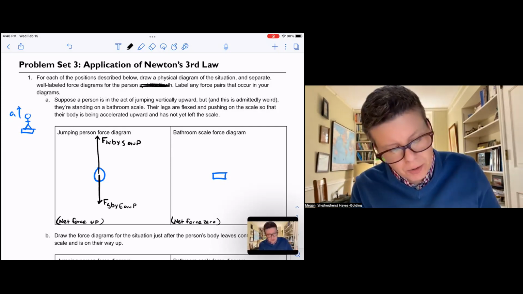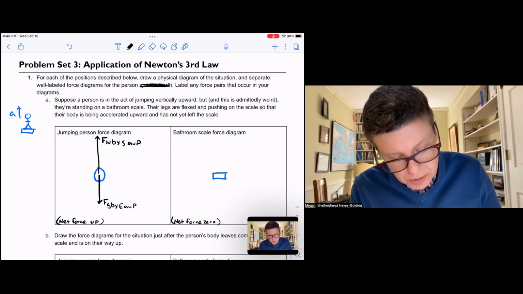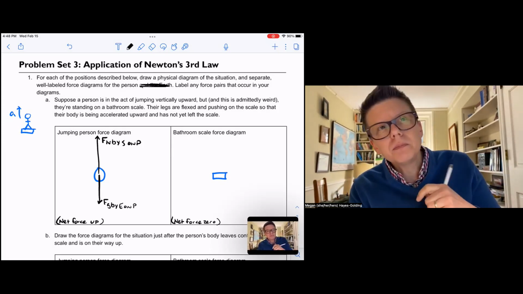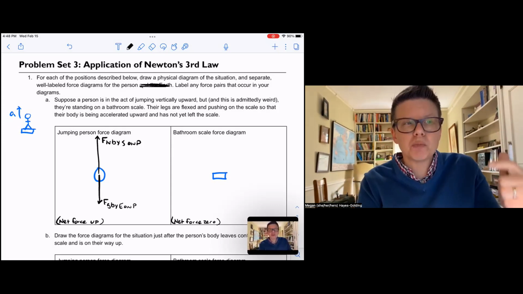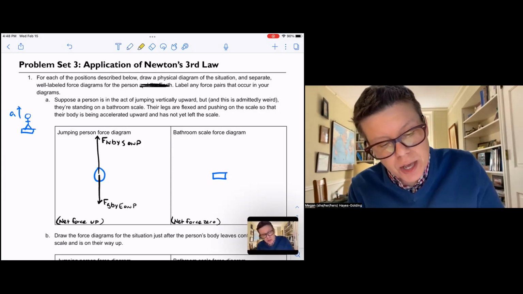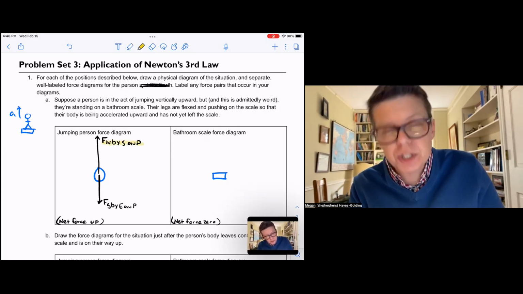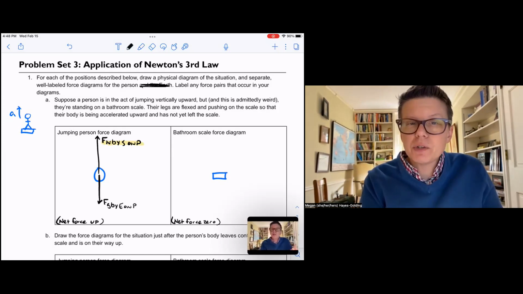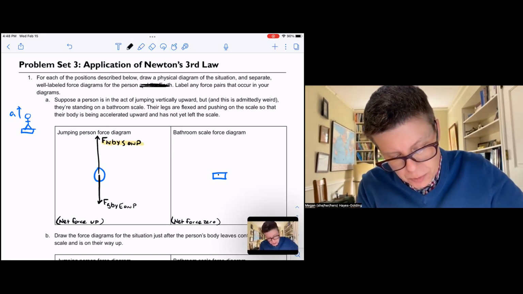Now let's look at the scale. Yes, the scale has its own weight. That's thing one, Fg. Thing two, the person is pushing on the scale. Newton's third law suggests that this force needs a partner force going in the other direction. And the ground is supporting the scale. So let's start with that.